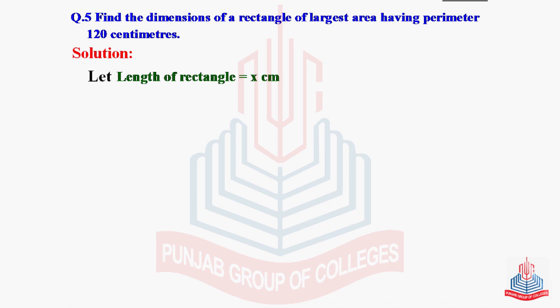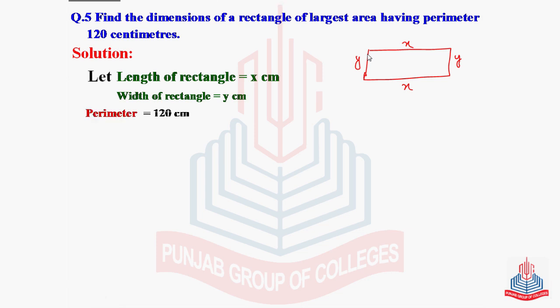As the perimeter is given, and perimeter is actually the sum of all sides, in case of a rectangle, if one side is x, then the opposite is also x, and suppose this side is y, so that is also y. So let the length of the rectangle be x centimeter and width of the rectangle be y centimeter.